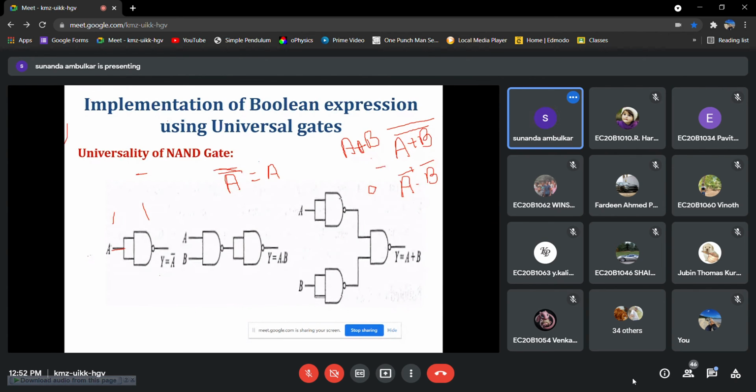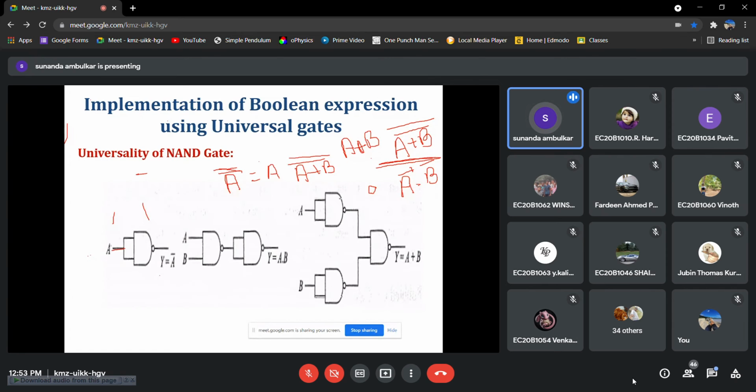If we use this, we can make this OR gate, because the OR operation is A plus B. If we take the complement of the complement of this, it will be the OR operation.